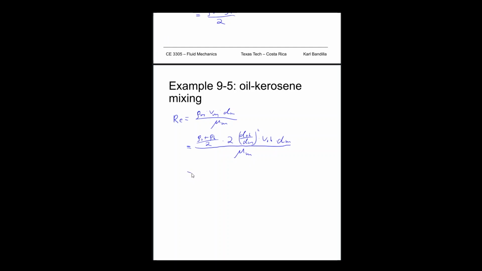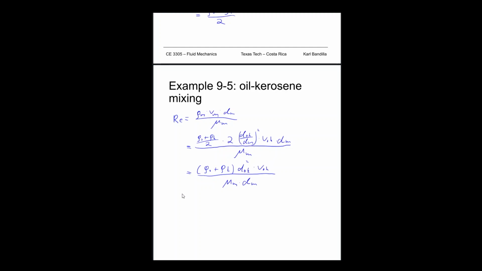So let's see what happens here. Those 2's cancel out. We have rho oil plus rho kerosene. Now here we see that one of the dm's cancels out, so we'll leave the DOK squared times VOK, and we'll divide all that by mu m times dm. That's the remaining dm here, and that didn't cancel with the other one.